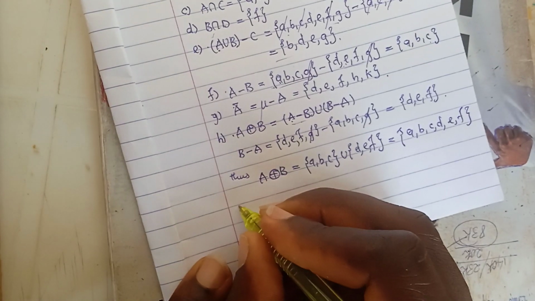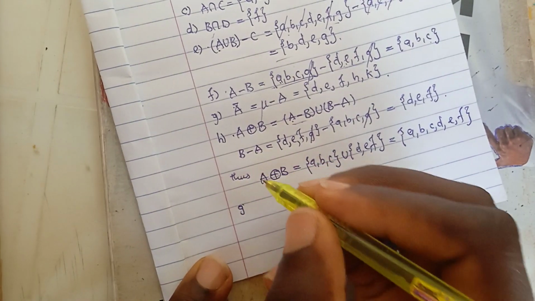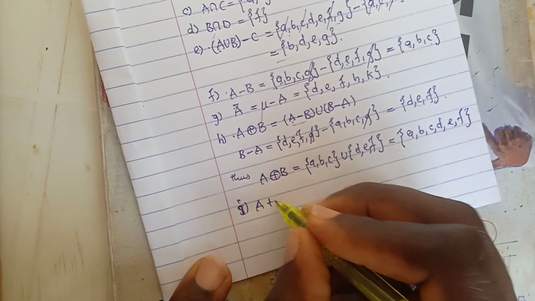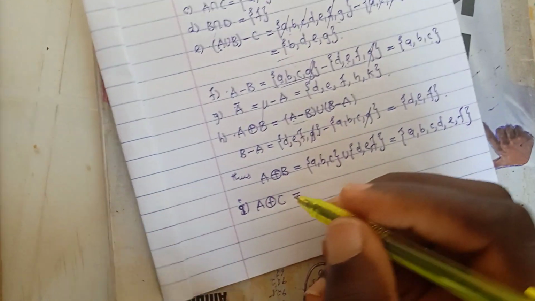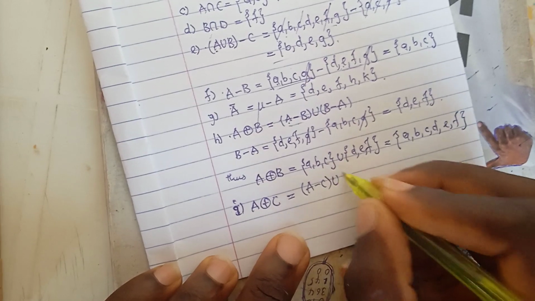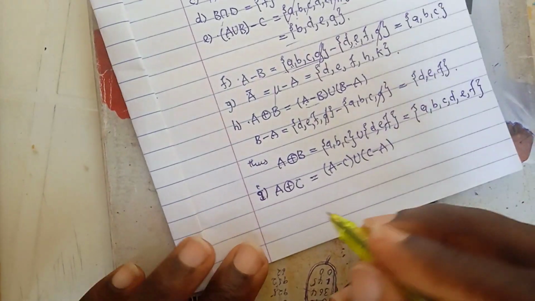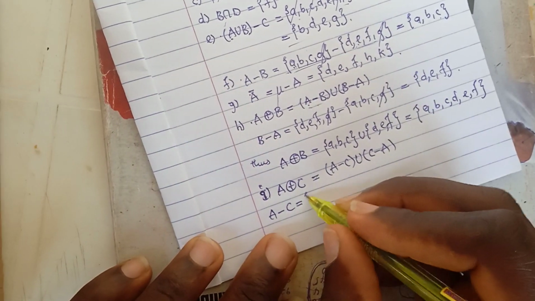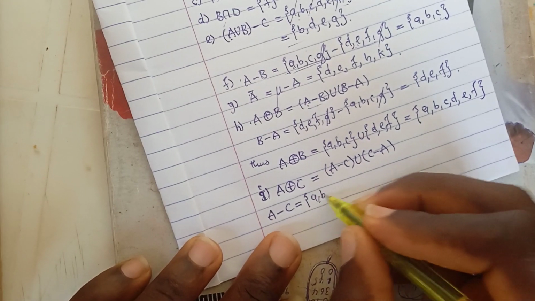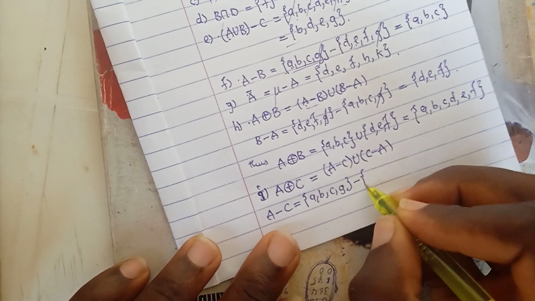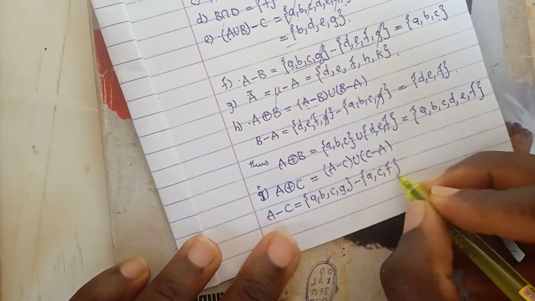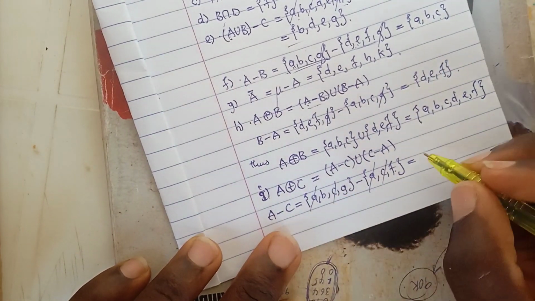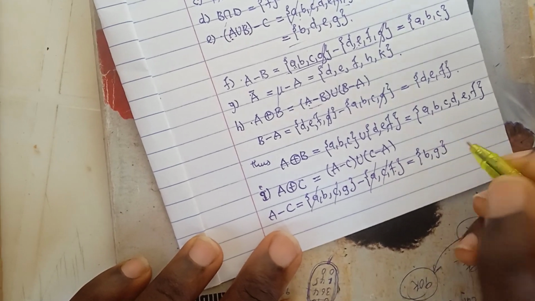Now the next one, the symmetric difference of A and C. So similarly here we'll have the difference between A and C, union the difference between C and A. A difference C is the set A, which is A, B, C, G, difference the set C, which is A, C, F. Now A goes out, C also, F is not here, so we are left with the set B, G as a result.